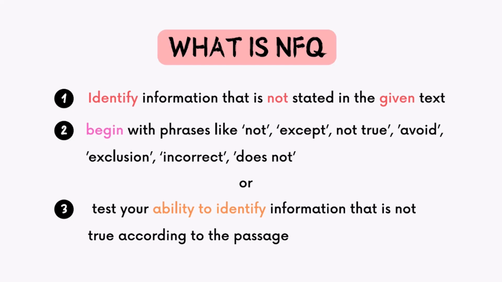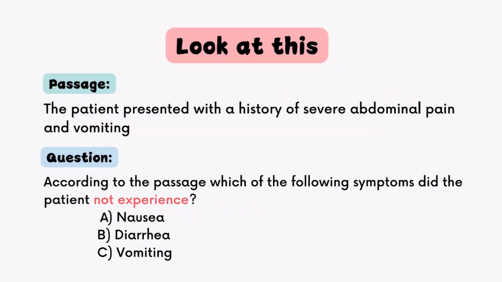The negative factual question tests your ability to identify information that is not true according to the passage. Okay, it is negative in the sense that it's not true or it's not given in the text that you need to choose.